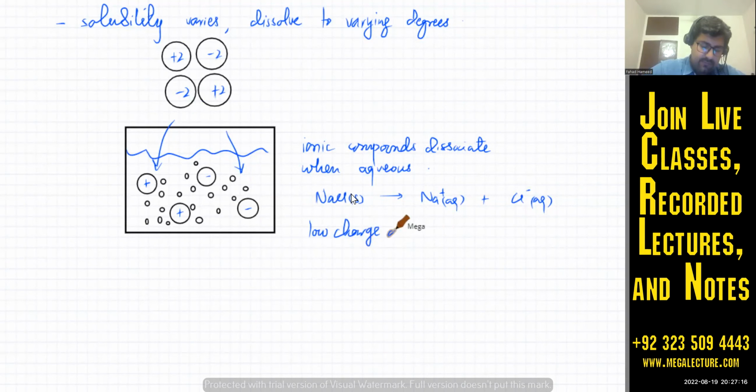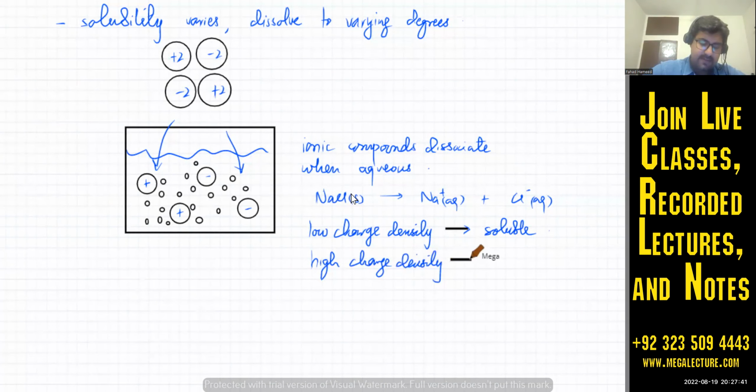So with low charge density, it's probably soluble. And vice versa, if the ions have very high charge density, then probably not soluble.